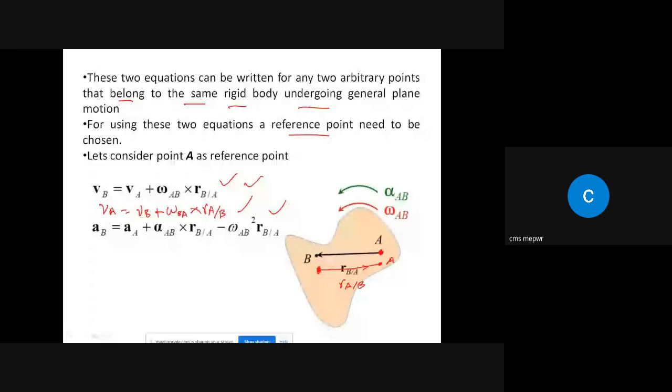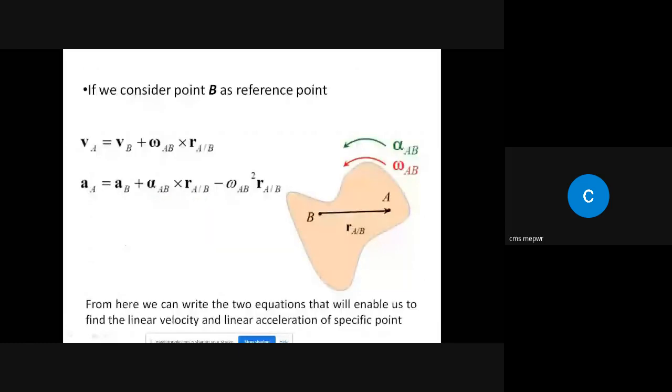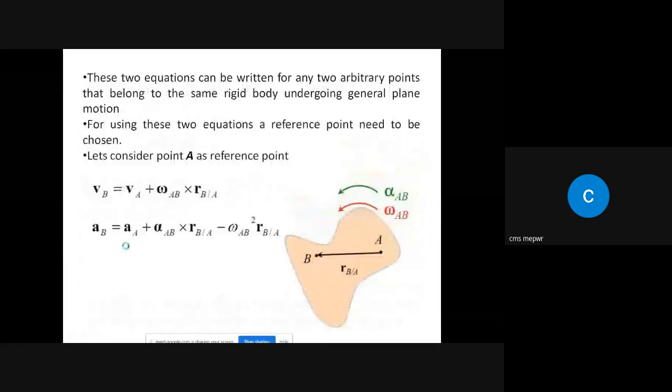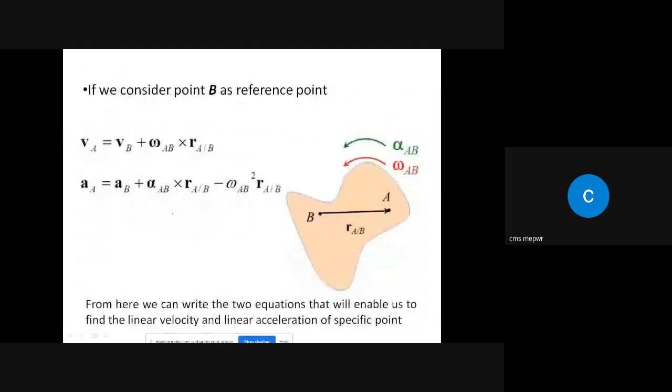Similarly, it will be a_A, and the equation will change the same way. So if we consider point B, the equation will change like this: V_A is equal to V_B plus V_A/B, that is V_B plus omega_AB cross r_A/B. It's again the position vector showing the position of point A with respect to B.